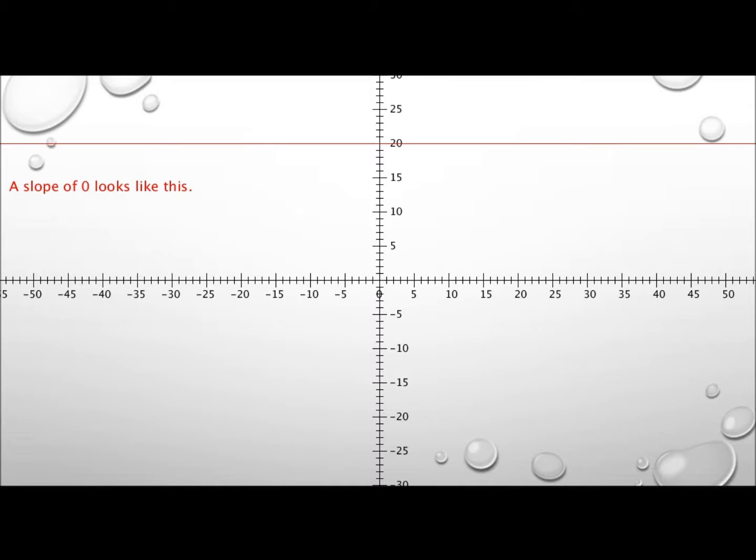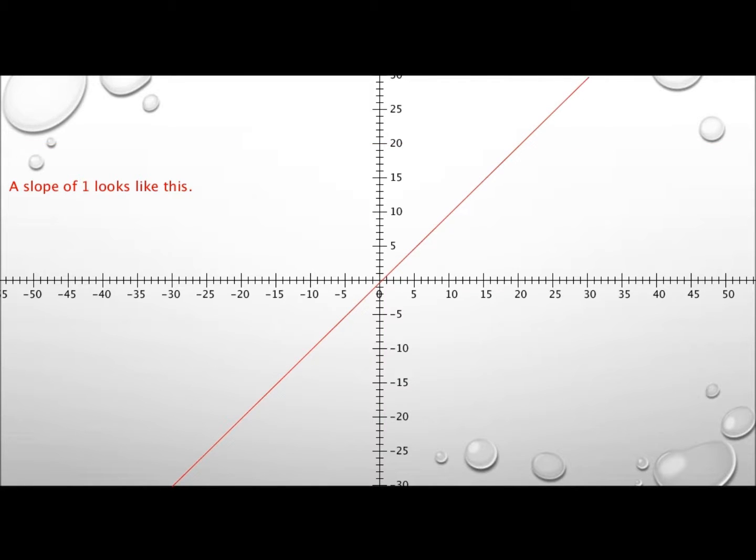A slope of 0 means for every one increment along the x-axis there is no change at all on the y-axis. A slope of 1 means for every one increment along the x-axis there is a corresponding increment of 1 on the y-axis.